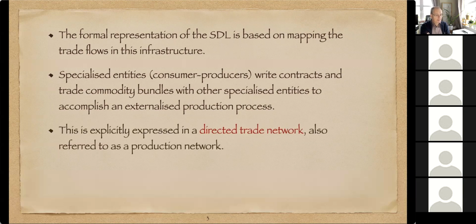So whatever follows, which is what we can call a directed trade network, or also, we refer to it as a production network, the network is a snapshot, and it is not representing the long-term development of the social division of labor. This requires a different type of theory.